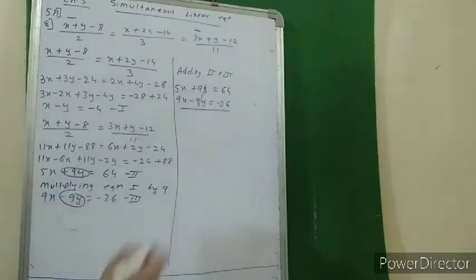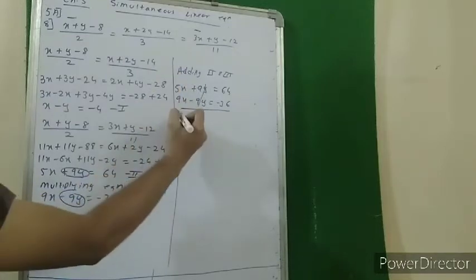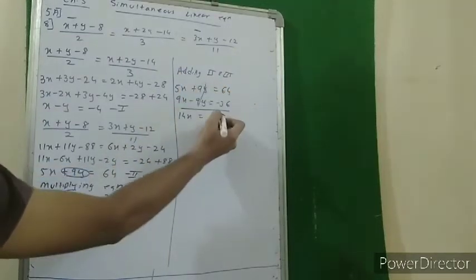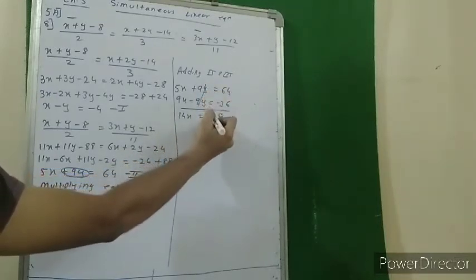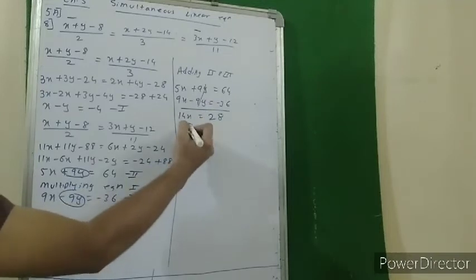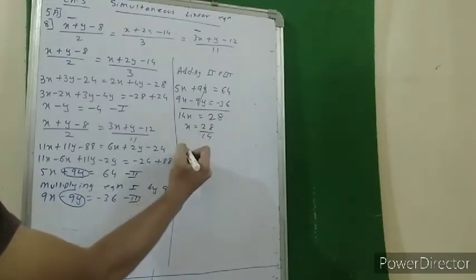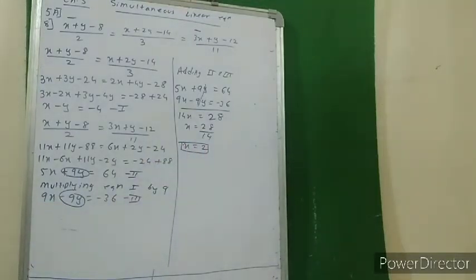So the 9y gets cancelled. 9 plus 5 is 14x, and 64 minus 36 is 28. So x is equal to 28 upon 14. 14 ones are 14, 14 twos are 28. So the value of x is equal to 2.